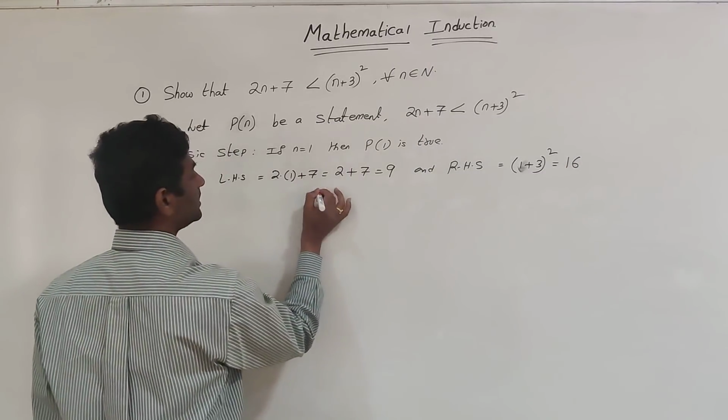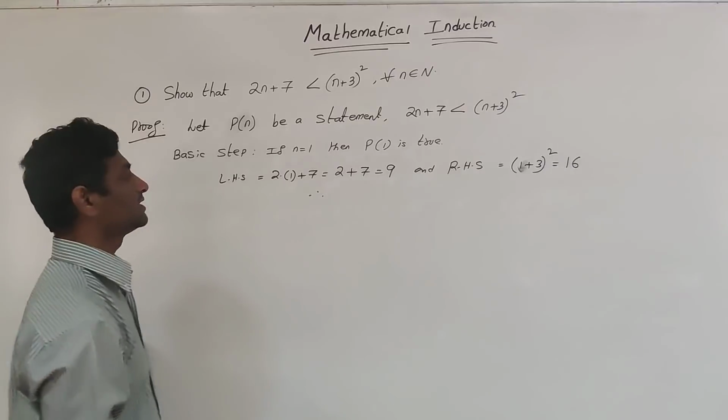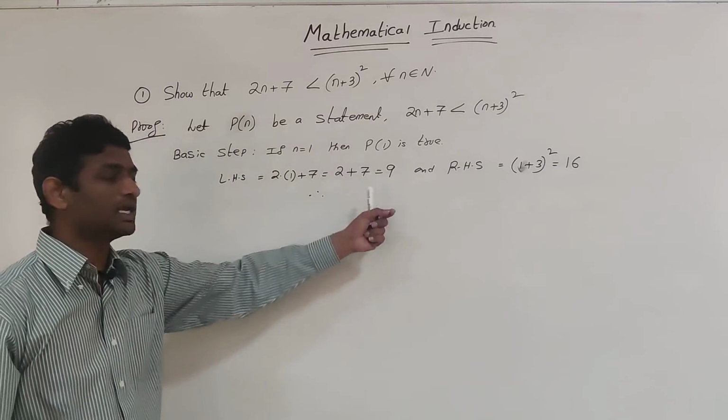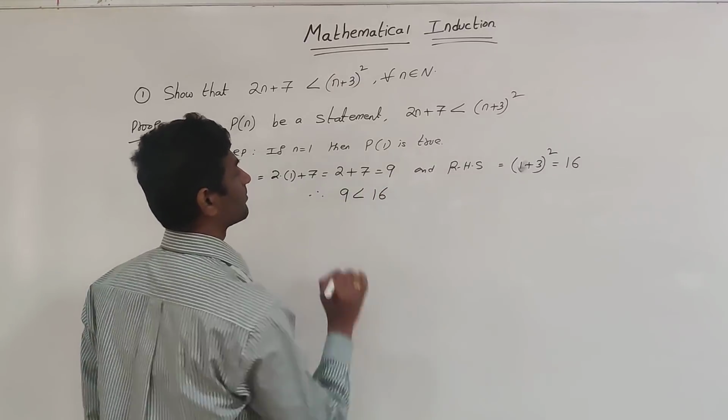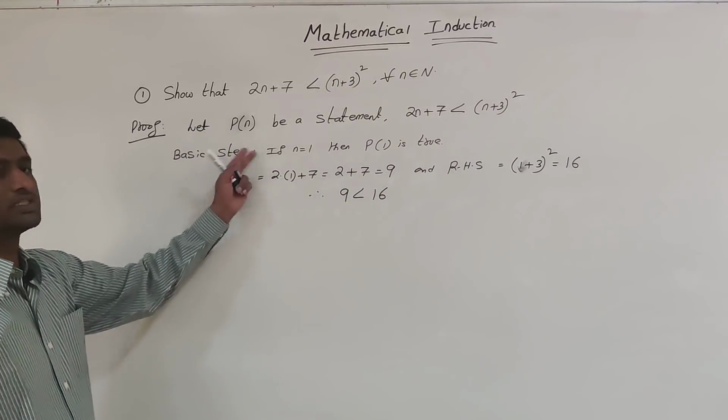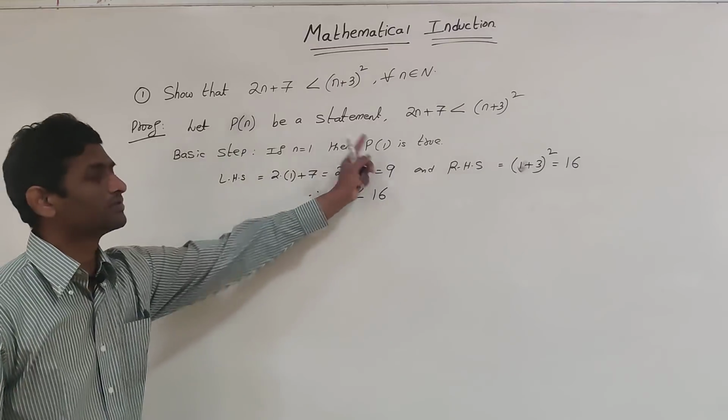So the left hand side value is less than the right hand side value, that is 9 is less than 16. So the statement is true for n is equal to 1.